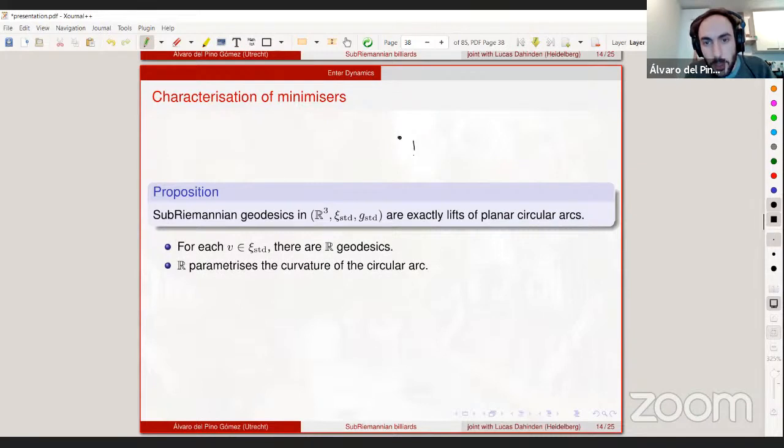So here's P. Now here I draw psi of P. So I'm at a point P and I want to study what are the geodesics that start at P. And what happens is that, okay, here are the possible directions. But we've said that for every direction starting at P, there are many geodesics, right?